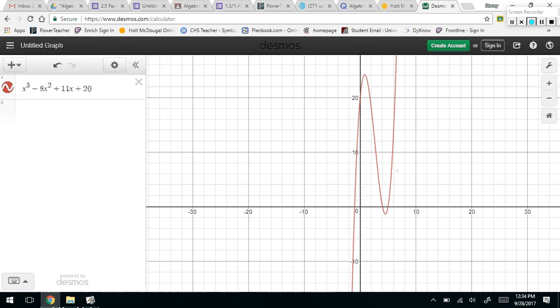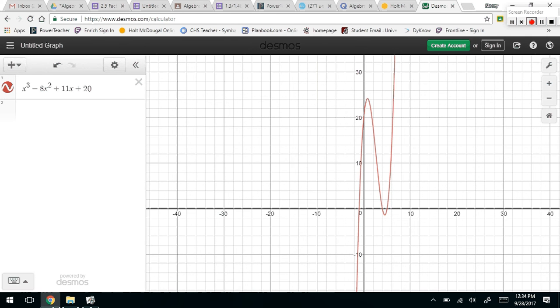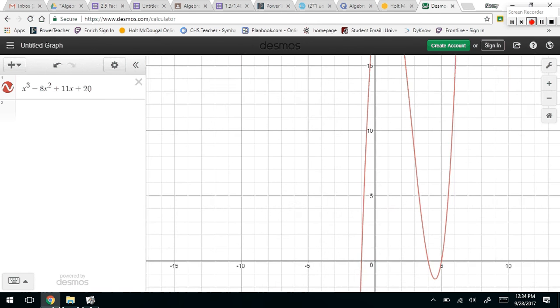You can zoom in and out on it, but it is a graphing calculator on the computer. It's a little more user-friendly than your graphing calculator. Of course, when you get on PSAT, SAT, all your standardized tests, you can have your device, so it's a good thing to learn on your calculator, but some of us have struggled to get a calculator, so until we do, this is a good option for your homework and stuff at least.